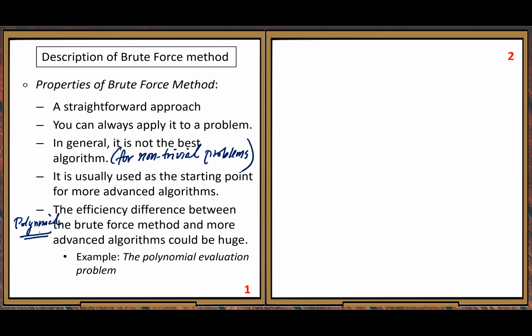So the polynomial evaluation problem. In that one, method 1, when you do experiments, remember, I ask you to do the experiment with a size of approximately 200,000, not 20, 200,000, around this one.